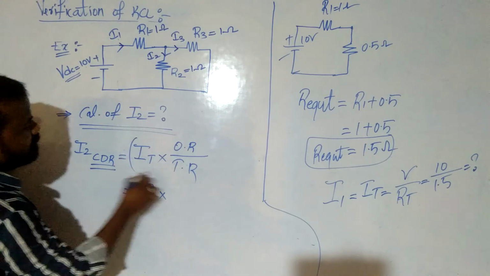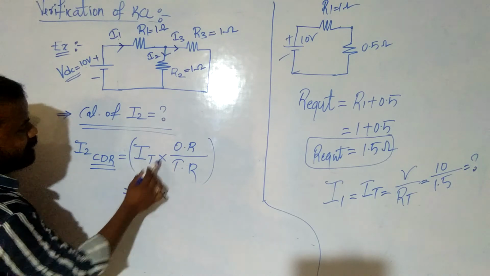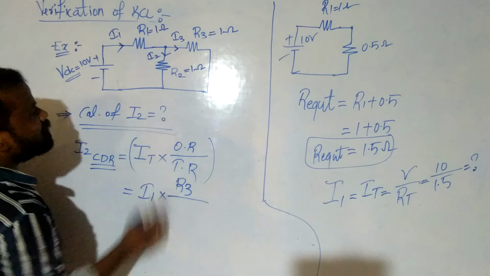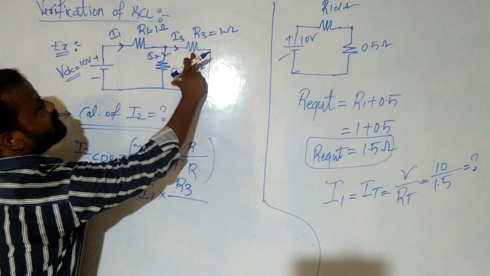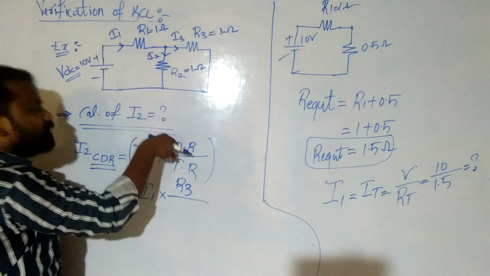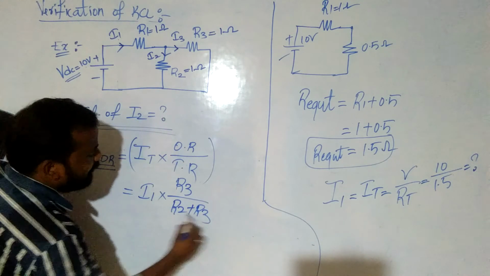The formula is total current I1 into opposite resistance R3, divided by total resistance. We consider only these two resistances, because current is divided in these two branches only. Clear? So that's R2 plus R3.